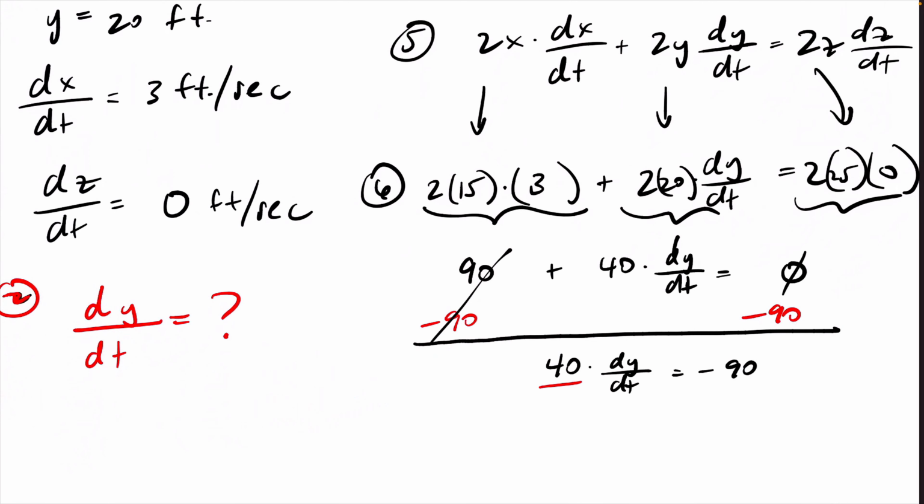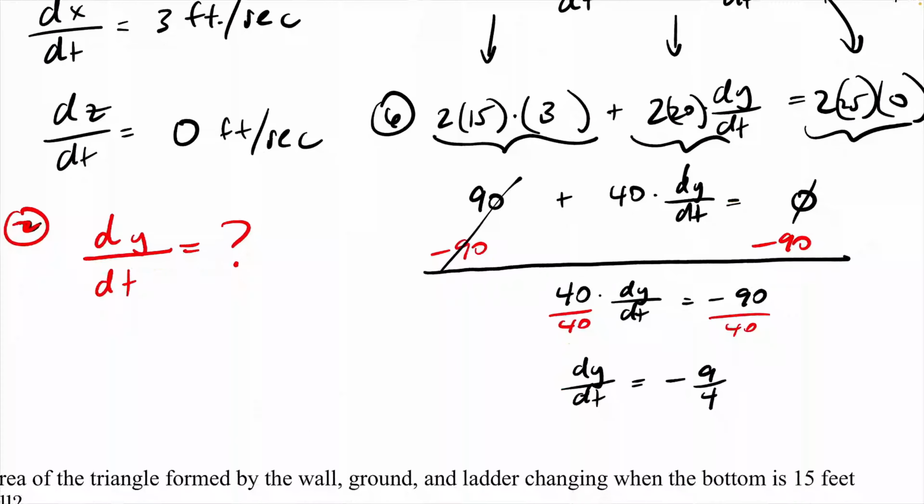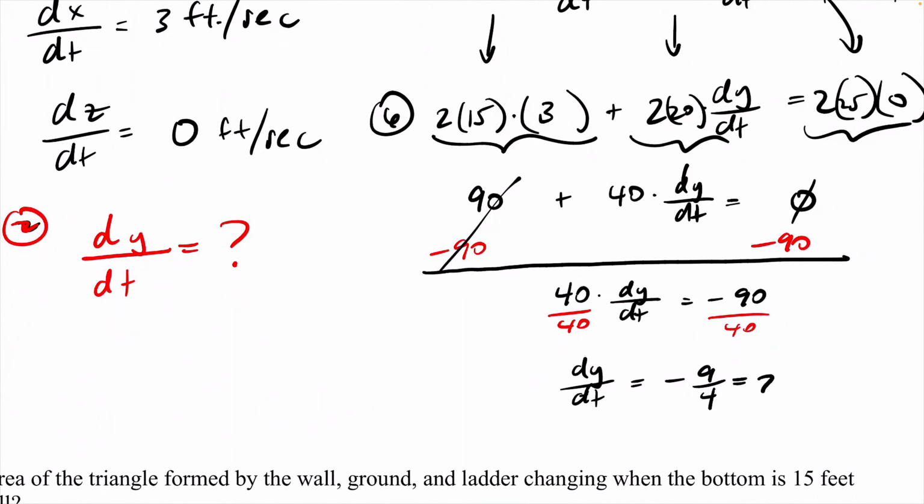Divide by 40. dy over dt is going to be negative 9/4, which is the same thing as negative 2.25.